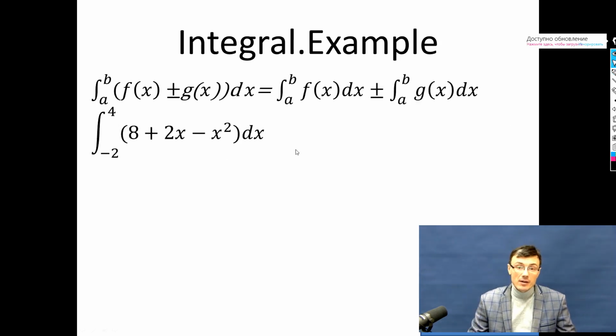If we have a complex function and have to calculate a definite integral, we decompose this function by parts. It will be like that.